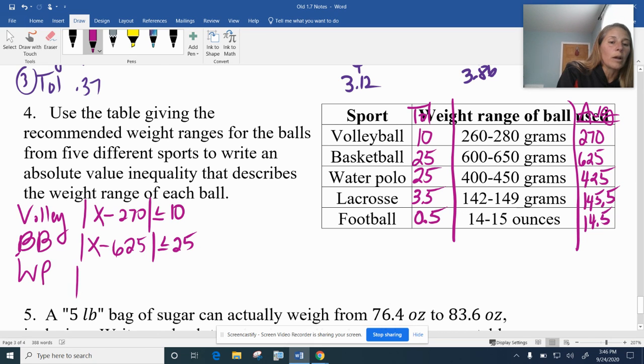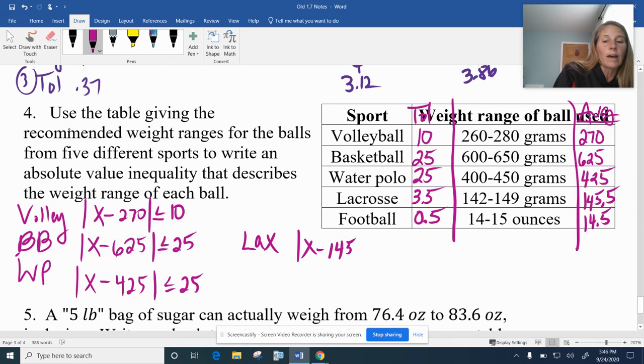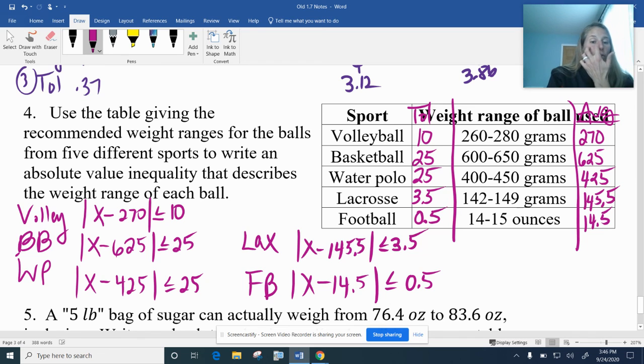For water polo, x minus 425 is less than or equal to 25. For lacrosse, I would have x minus 145.5 is less than or equal to 3.5. And for football, x minus 14.5 is less than or equal to 0.5. And obviously, if you did the and inequality for each of these, you would then get that range that they gave us in the beginning.